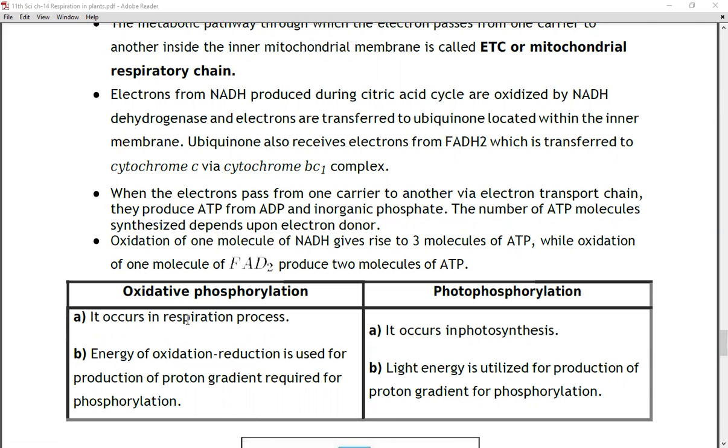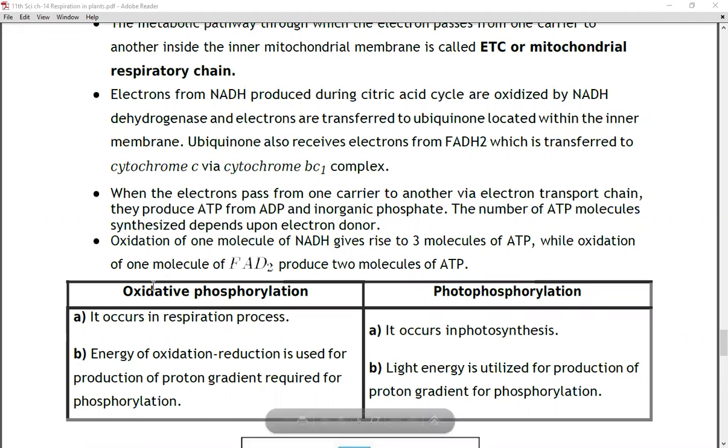While photophosphorylation, photo means light. When light comes, the first thing that clicks in your mind is photosynthesis. So oxidative phosphorylation occurs when respiration is taking place, while photophosphorylation occurs when photosynthesis is taking place.